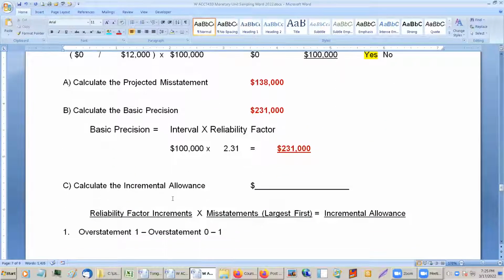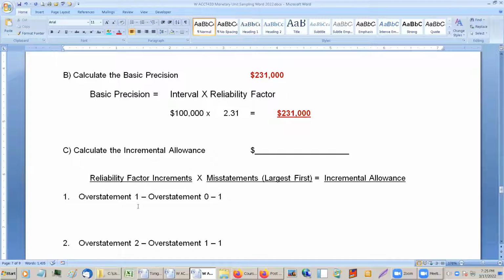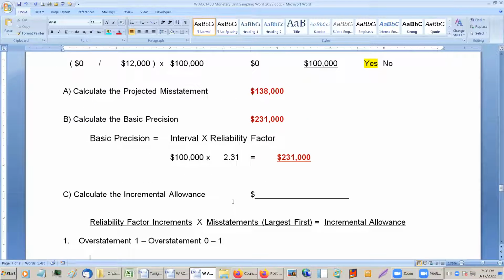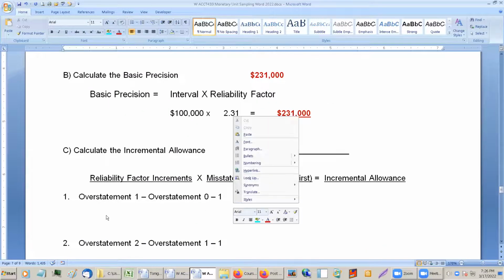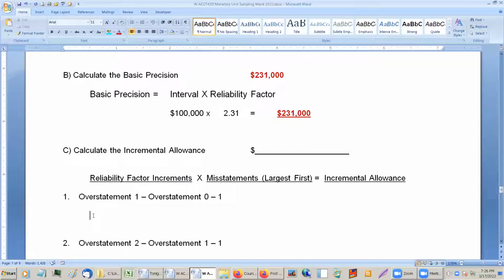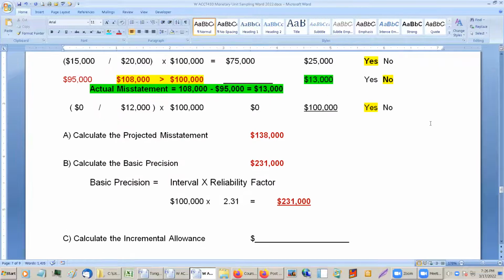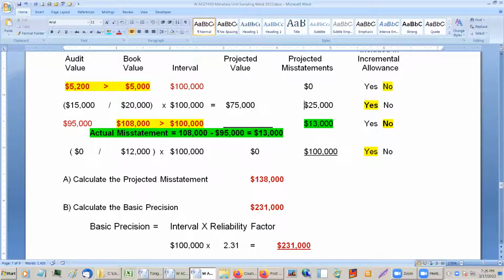And the incremental allowance says, if you have errors for items that are less than the interval, there could be more things that are wrong. So that's when we'll take the incremental allowance.